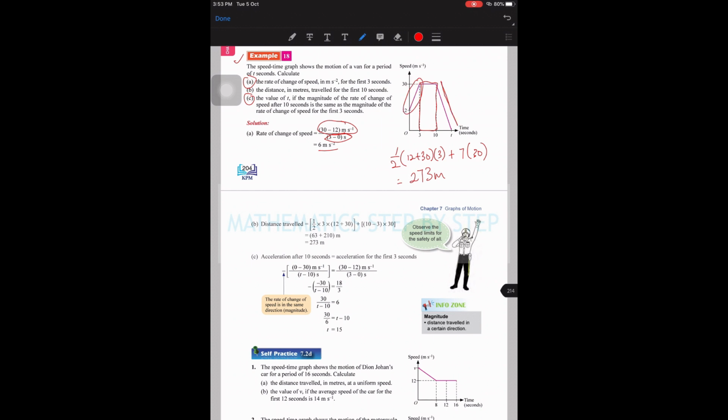So now, the acceleration after 10 seconds is, we can see there's a negative here because after 10 seconds, actually it is decelerating, okay? So 0 minus 30 divided by t minus 10 seconds is equals to 30 minus 12 divided by 3 minus 0, okay? So we can find the answer, t is equals to 15.